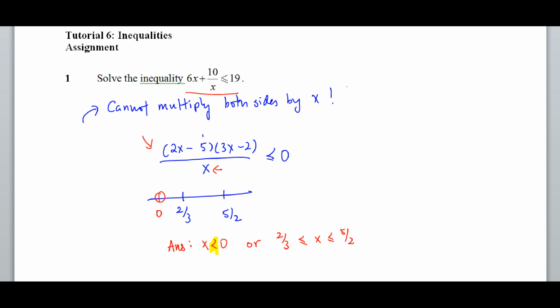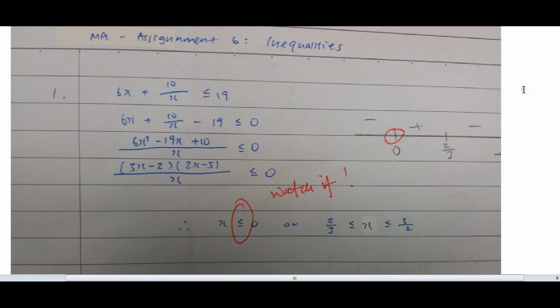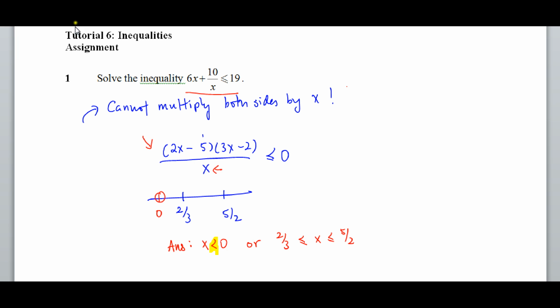Let's take a look at yours, some of you, watch it here. You did not put a hollow circle here, but everything else is correct. It's just that the hollow circle wasn't there, so it should be a strictly less than sign.